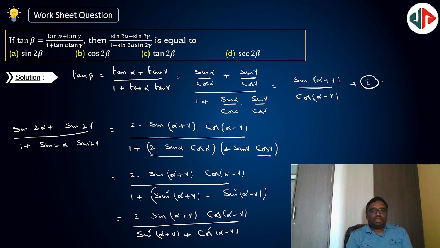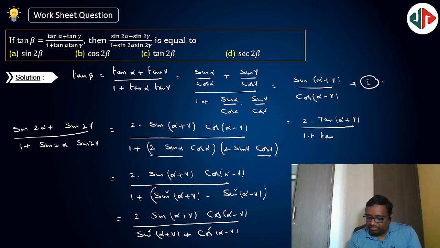Now you divide on both sides by cos square of alpha minus gamma. It becomes 2 times tan of alpha plus gamma by 1 plus tan square of alpha plus gamma. Here sin by cos means tan only.